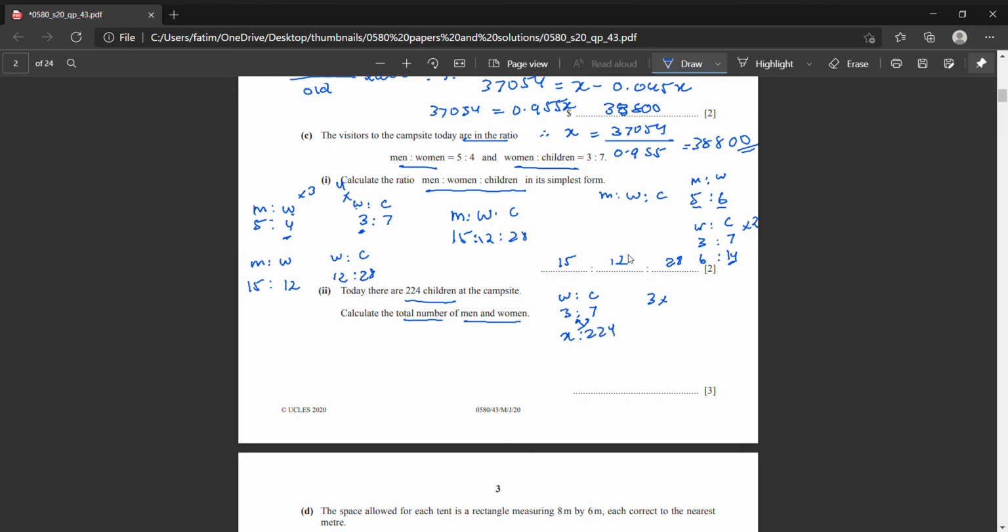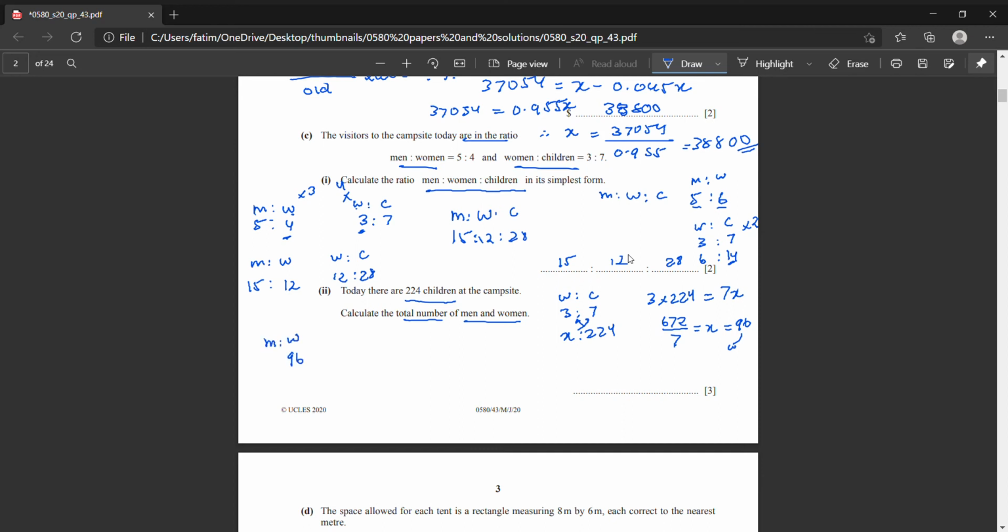So it would be 3 into 224 is equal to 7x. Okay, so 3 into 224 is 672. That divided by 7 will give me x, which is 96. So that's the value of the number of women over here. And now we put this in our ratio from men to women.